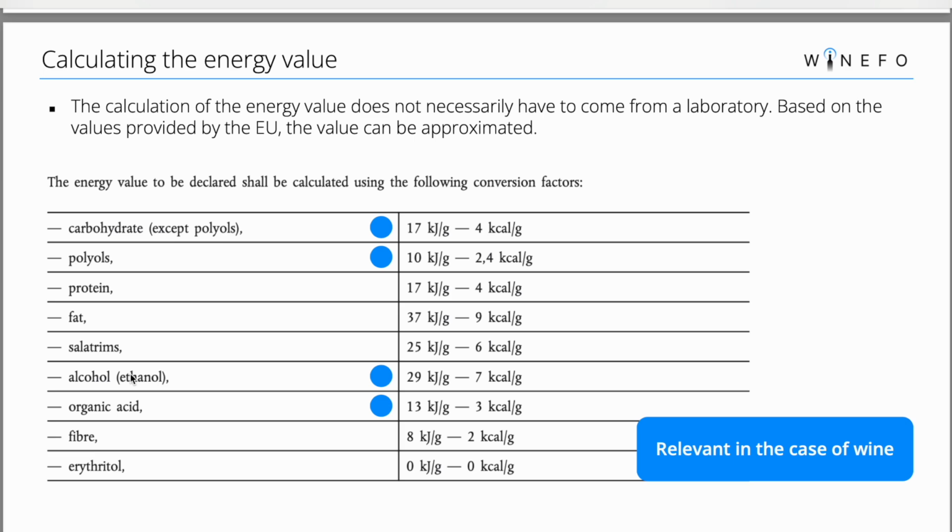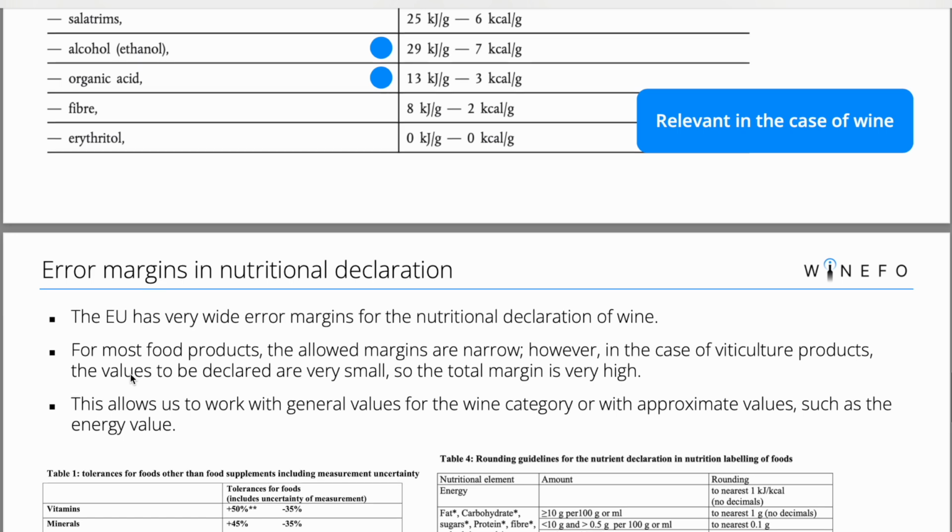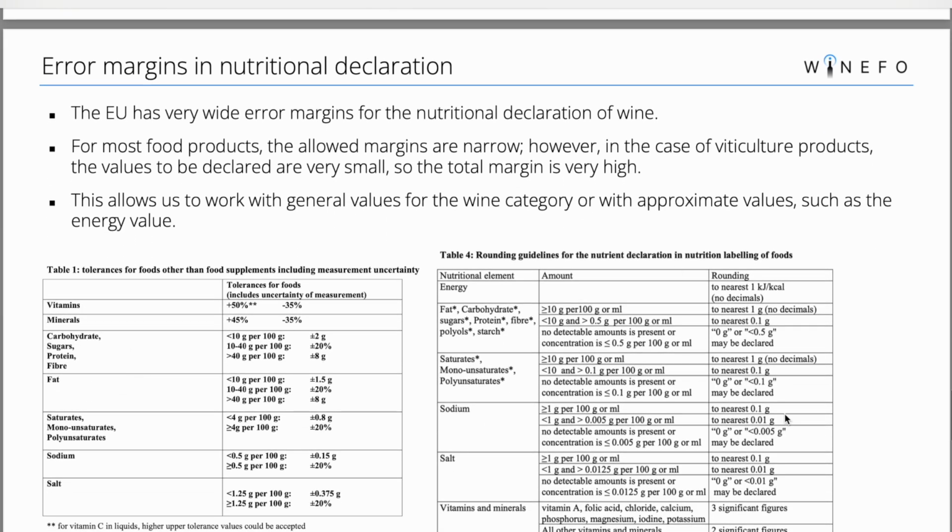But we'll see now that the error margins are pretty large. I've set them here, but in reality, all you need to know is they're basically painting every food category with the same brush. So what might be very tight error margins for, I don't know, a frozen pizza actually end up being extremely generous error margins for wine.